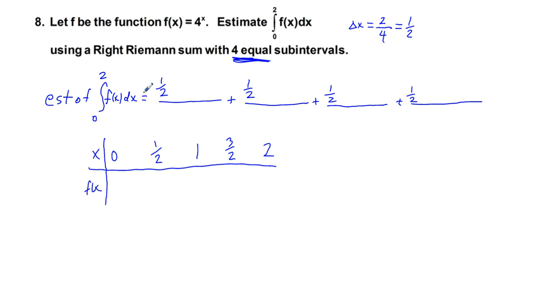Now if we plug in 0 to this function, f of 0 is equal to 0. If we plug in 1/2, we get f of 1/2 equals 4 to the 1/2, which equals the square root of 4, which equals 2.